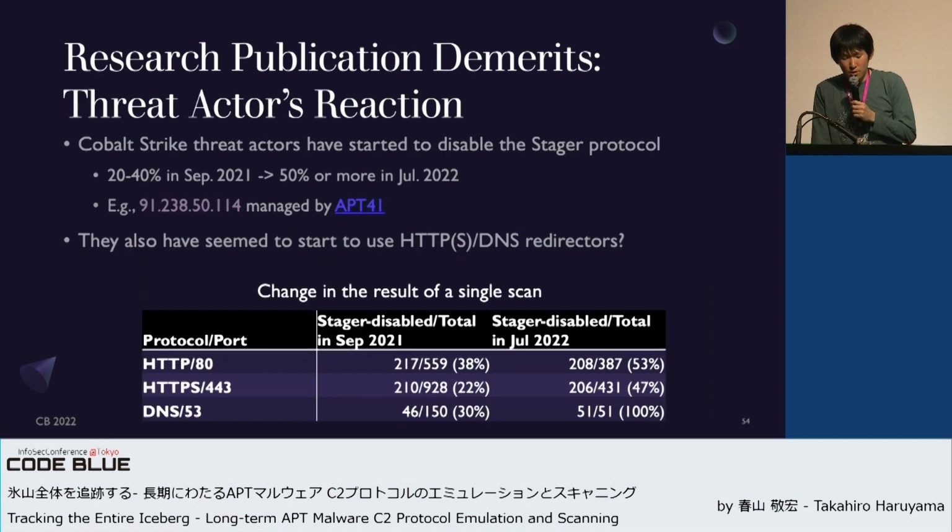I think this was not due to only me, but Cobalt Strike threat actors have started to disable the Stager protocol. For example, APT41. The ratio of Stager disabled team servers was 20 to 40% last year, now around 50% or more.